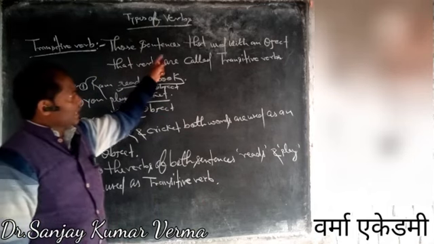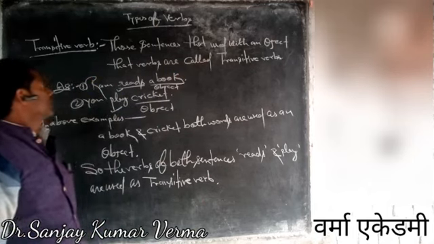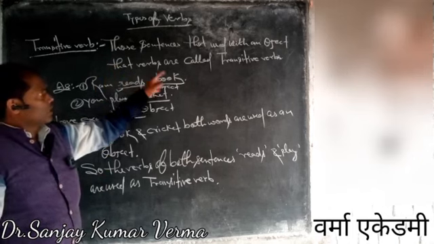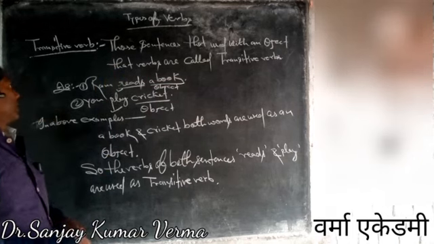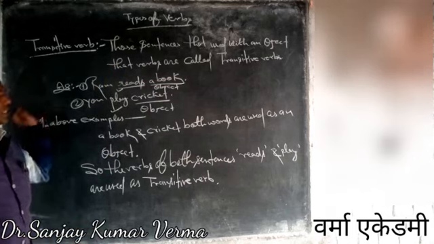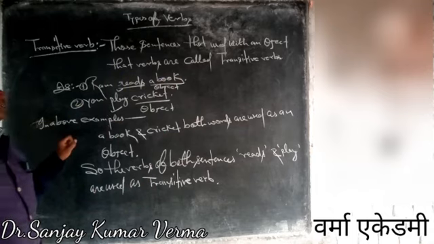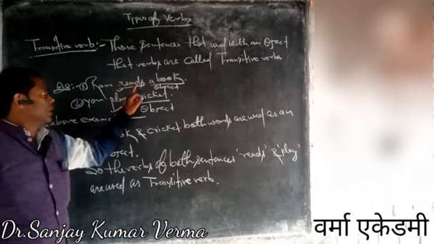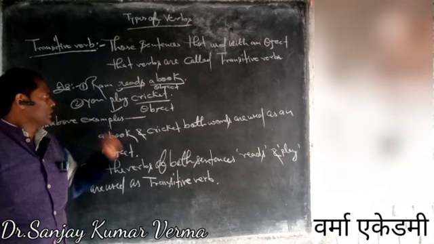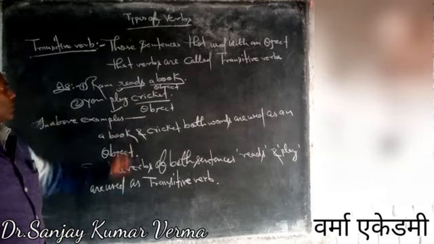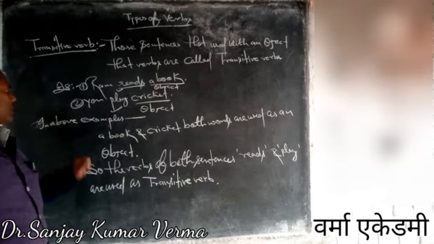Those sentences that are used with an object, those verbs are called transitive verb. In both of these sentences, a book and cricket, both words are used as an object.